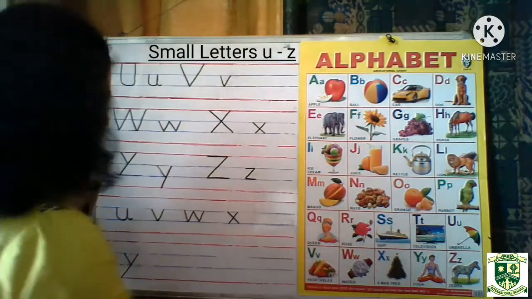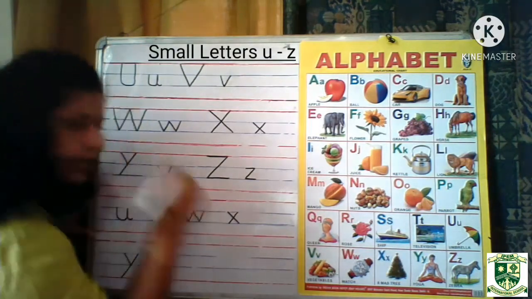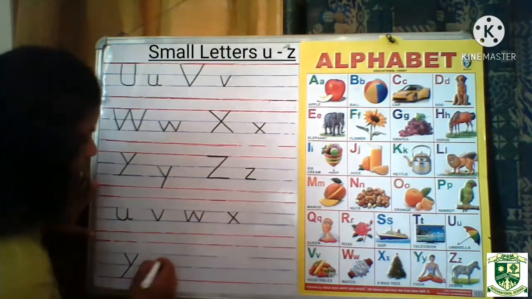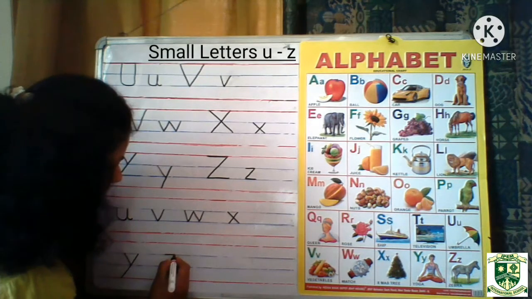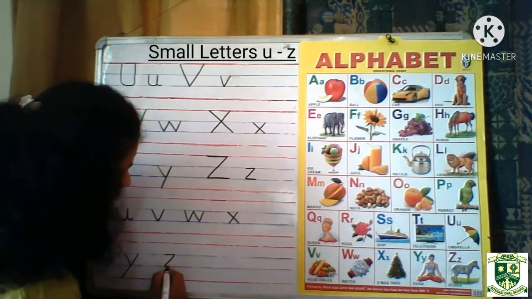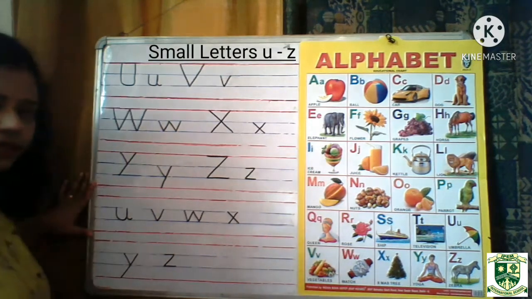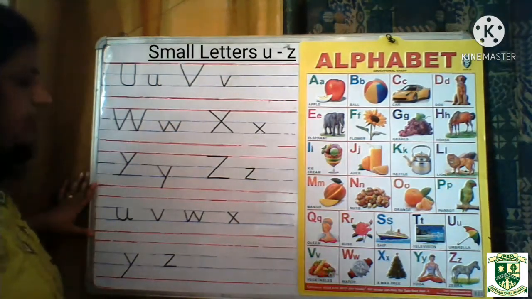And the last alphabet is Z. It is again a zigzag pattern, but a sleeping line first, and then a slant line, and then again a sleeping line. This is how we'll make a small Z.